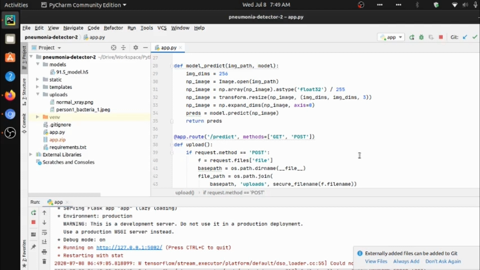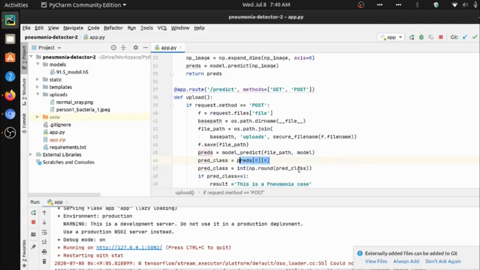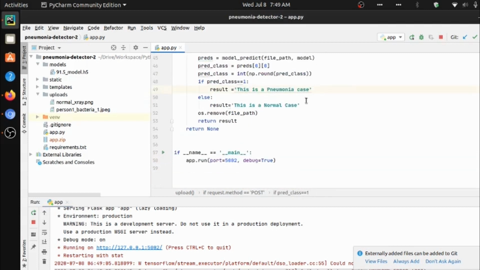Otherwise, if the value is from 0 to 0.5, the chest x-ray is considered normal. So we round the probability, and if it comes to 1, we predict that it is a pneumonia case. Otherwise we predict that it is a normal case. Then we do os.remove on the file path, which removes that image from the system.